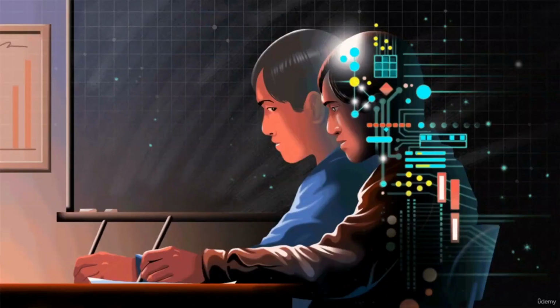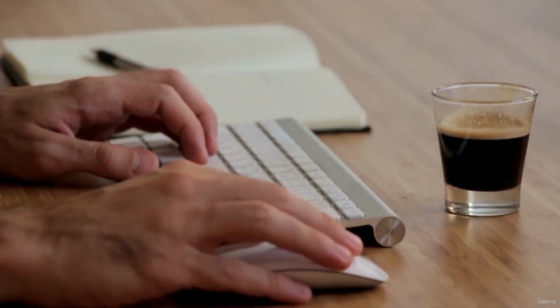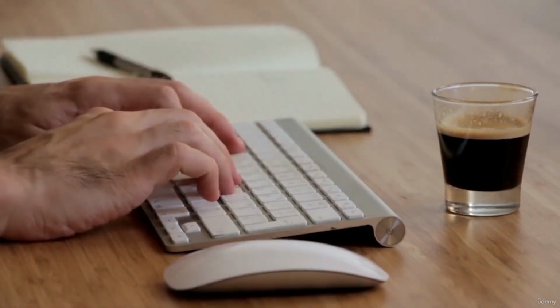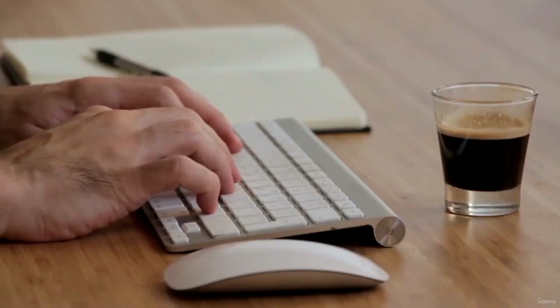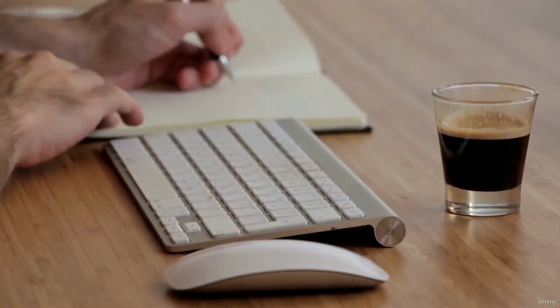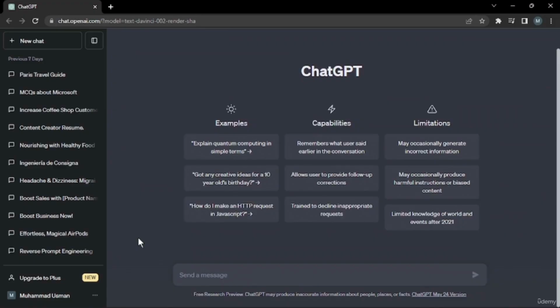Other than that, we can use it for data analysis of any patient, and you can also use it in clinical research. There can be a variety of uses, but we'll discuss just two to three uses today, to get an idea of how we can use it very efficiently and accurately in the field of medicine.